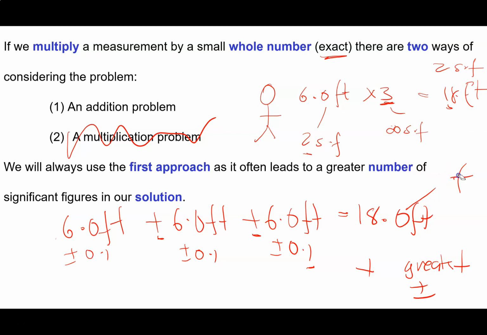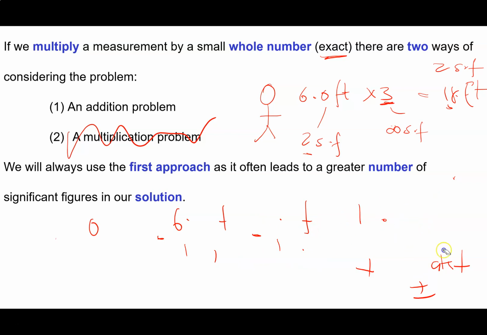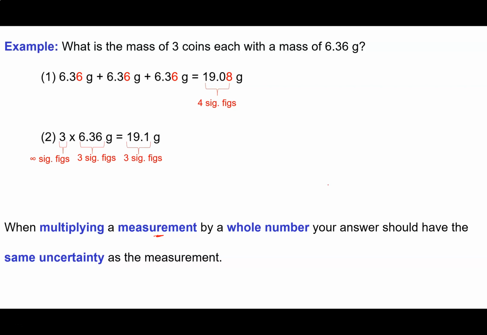Like, it makes sense that if I knew the measurement of 1 of them to the 0.1s, then 3 of them should also be known to the 0.1s. Okay, so it just makes logical sense to treat it as an addition. So here we'll do another example. What is the mass of 3 coins with a mass of 6.36 grams each?